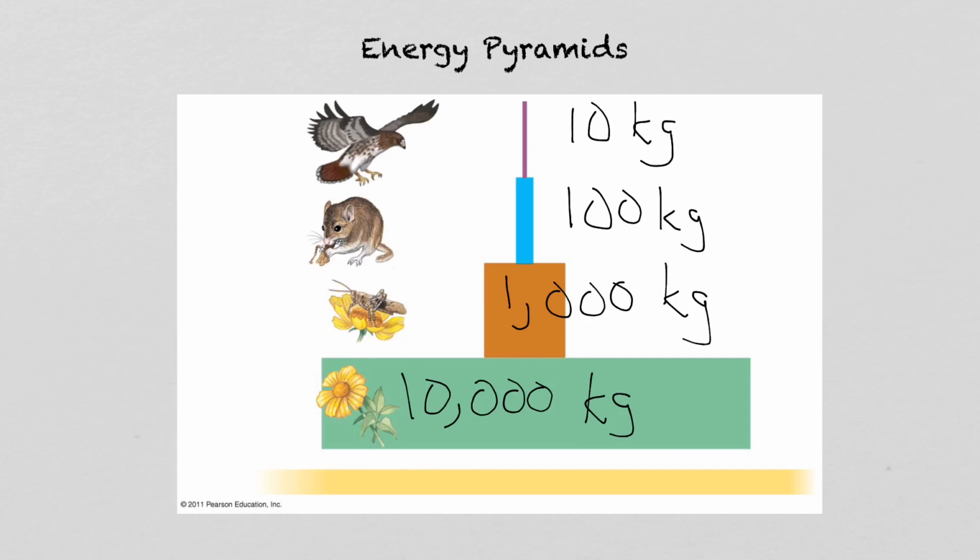So if we said this, what we would say is, alright, producers are going to have the largest biomass, whereas these would have the second highest biomass, third, and fourth. But let's say that this little mouse here starts to eat producers as well.